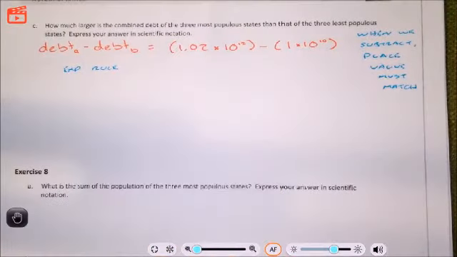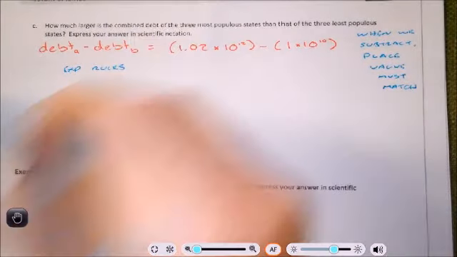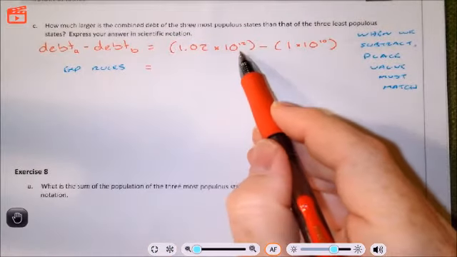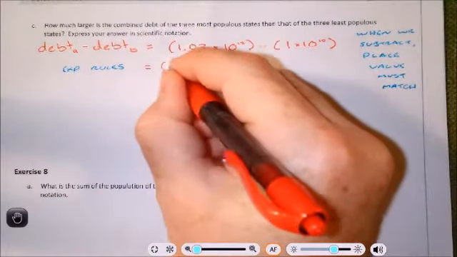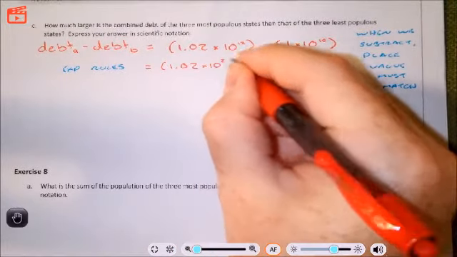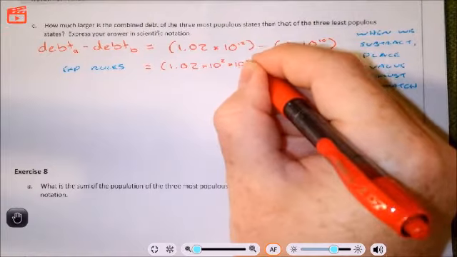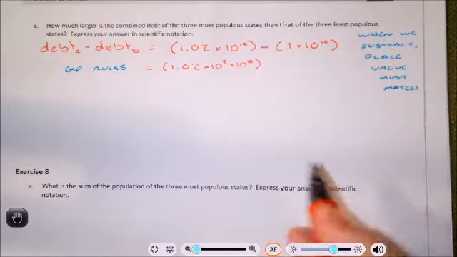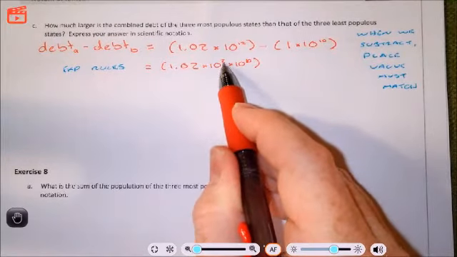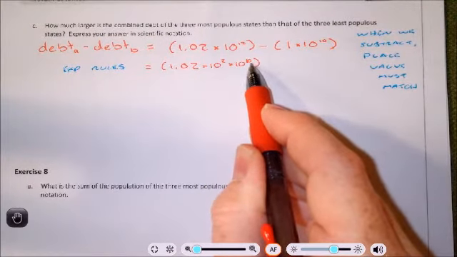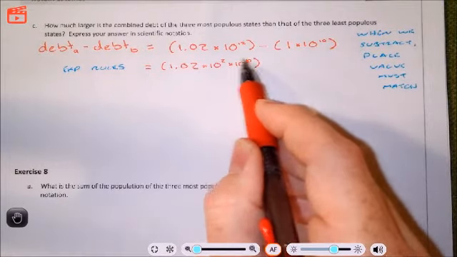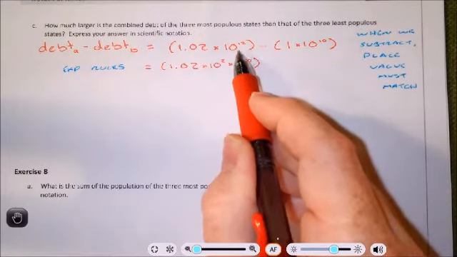This is from the first part of Module 1, because I'm going to take the 10 to the 12th and I'm going to turn it into a 10 squared and a 10 to the 10th. Because you should remember your place value rules that 10 to the 2nd and 10 to the 10th add to make 10 to the 12th. The 2 plus the 10 make the 12.